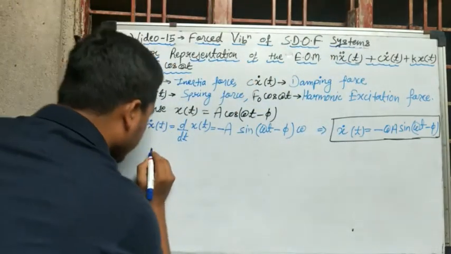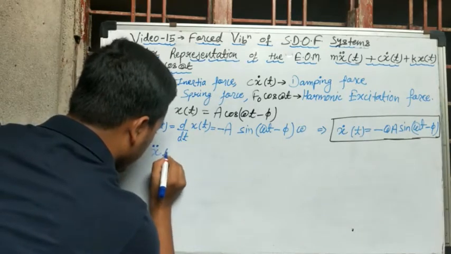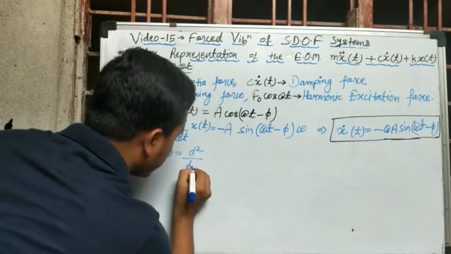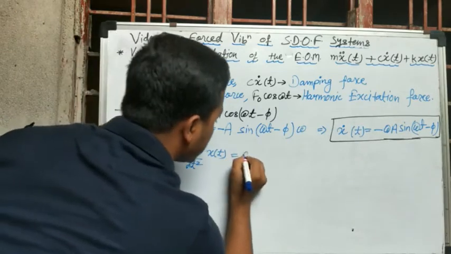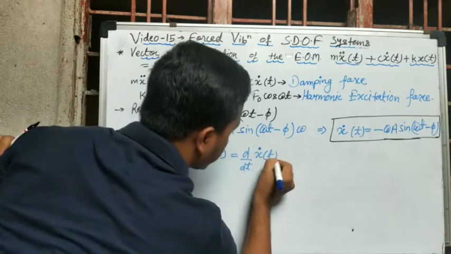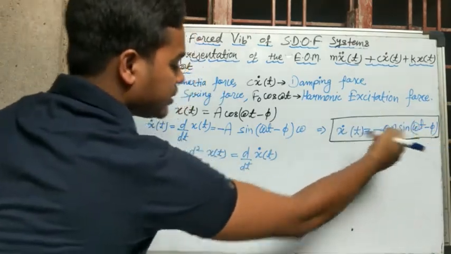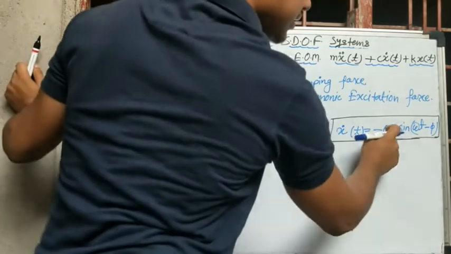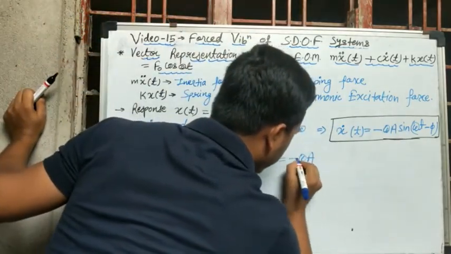Now what about the acceleration x double dot(t)? X double dot(t) is d square by dt square of x(t), which is d by dt of x dot(t). I already have the expression for x dot(t), so I'll just differentiate it to get x double dot. Minus omega A is a constant.